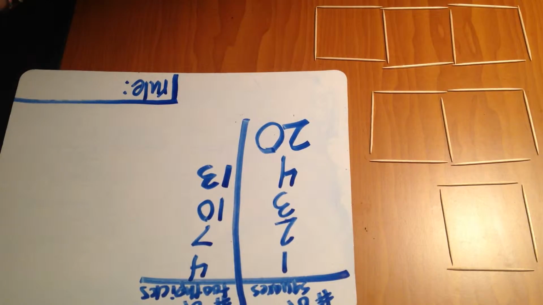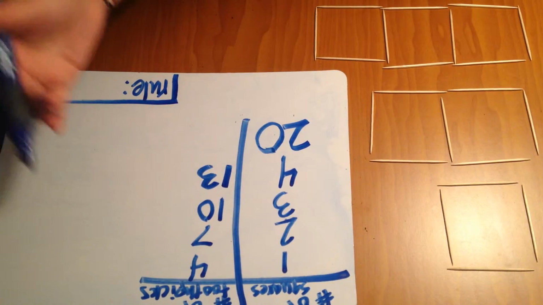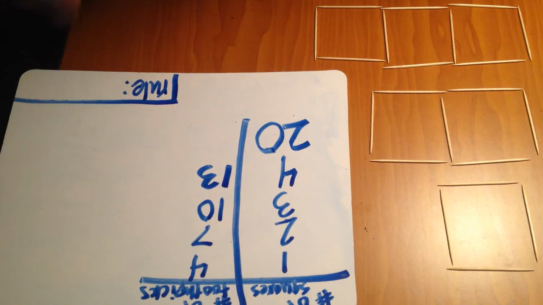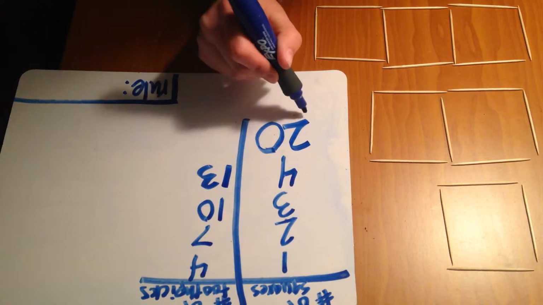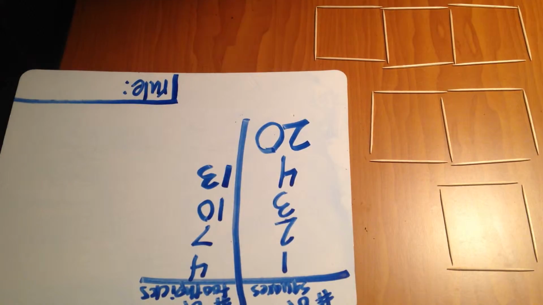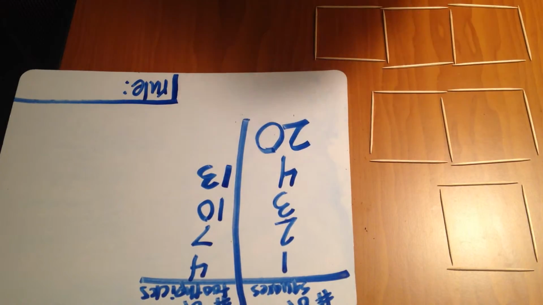So if I find a rule for how many toothpicks there are in so many squares, then I can just put in 20 and find out how many toothpicks there are.